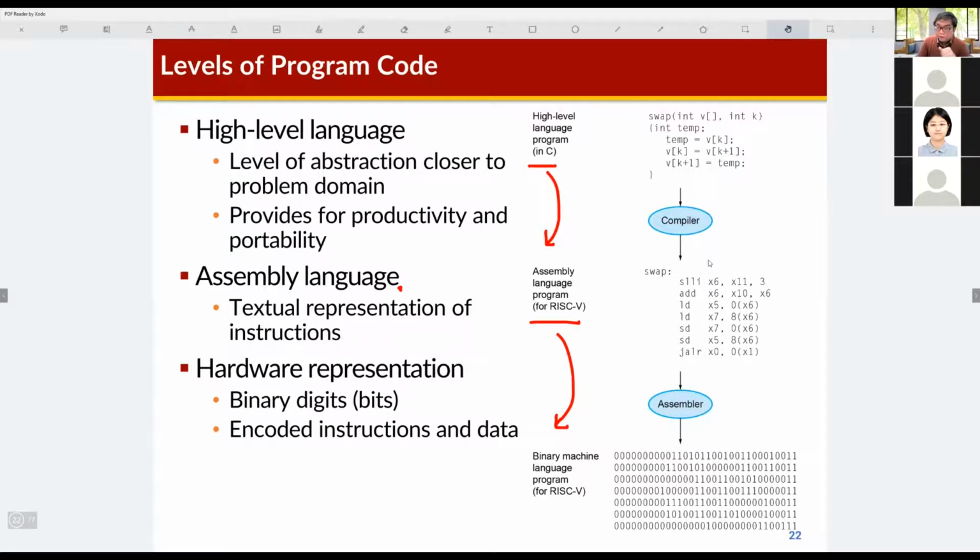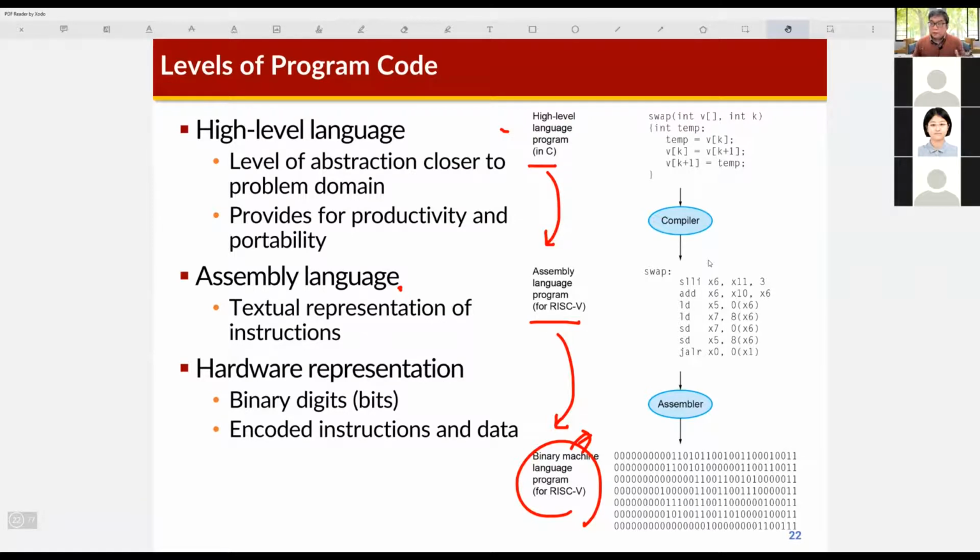As a software engineer, this machine code is very difficult to understand because the figure or the system of assembly code is very different from our natural languages.